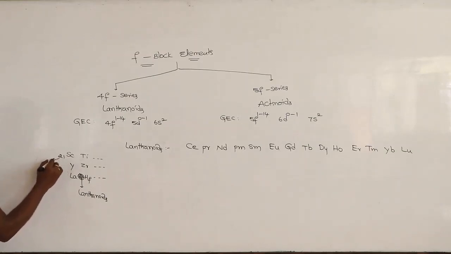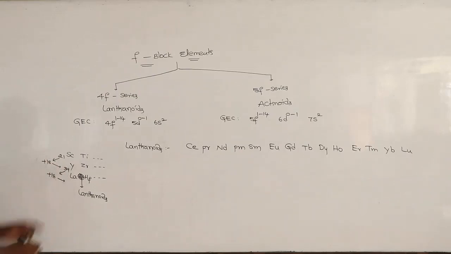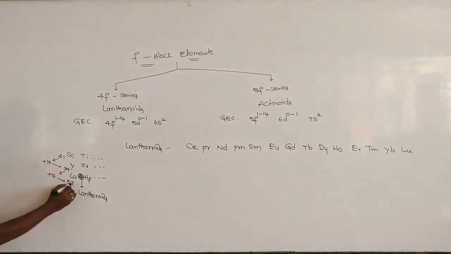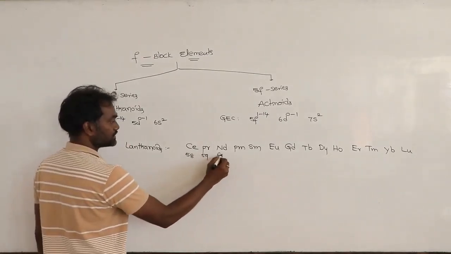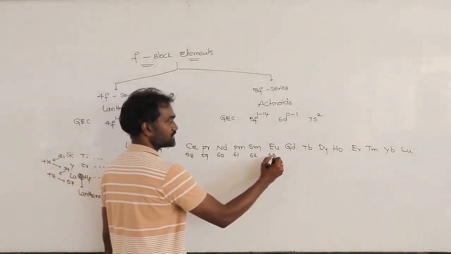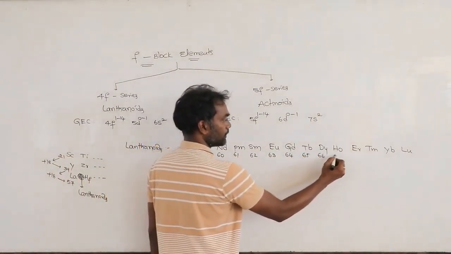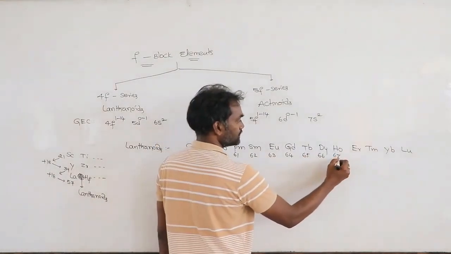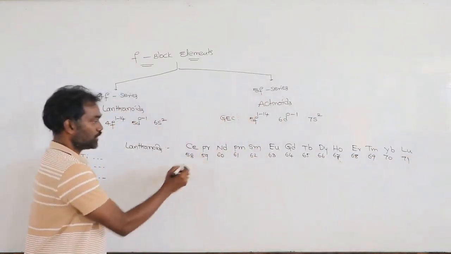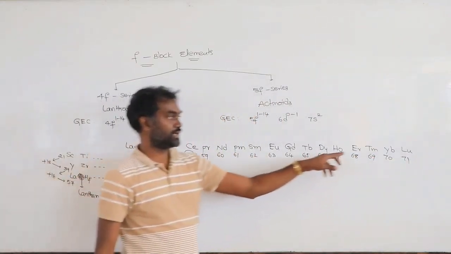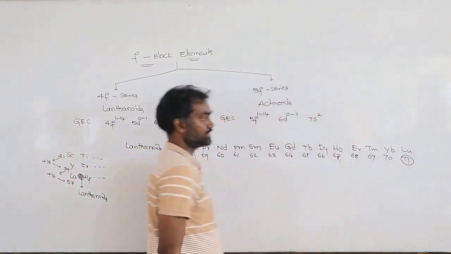Scandium is 21; you add 18, you get 39, then 40, and so lanthanum is 57. After lanthanum these start: 58, 59, 60, 61, 62, 63, 64, then 67, 68, 69, 70, 71. So atomic numbers 58 to 71 are called lanthanides.